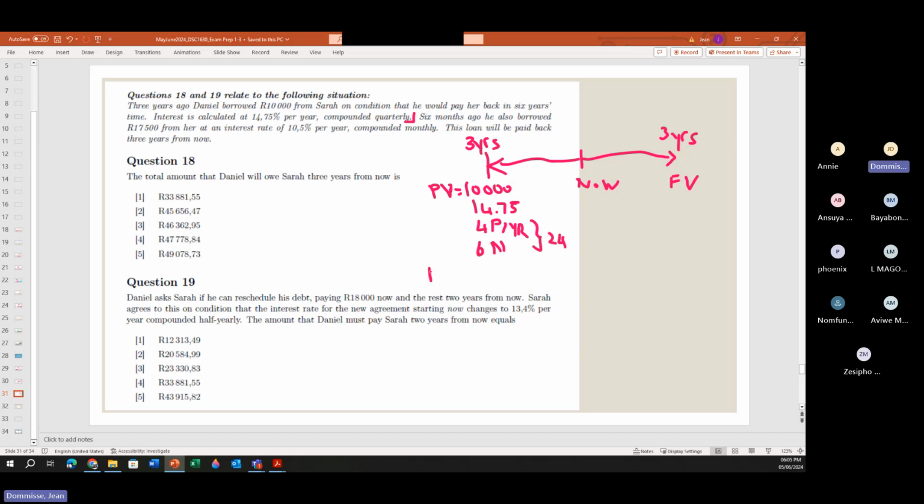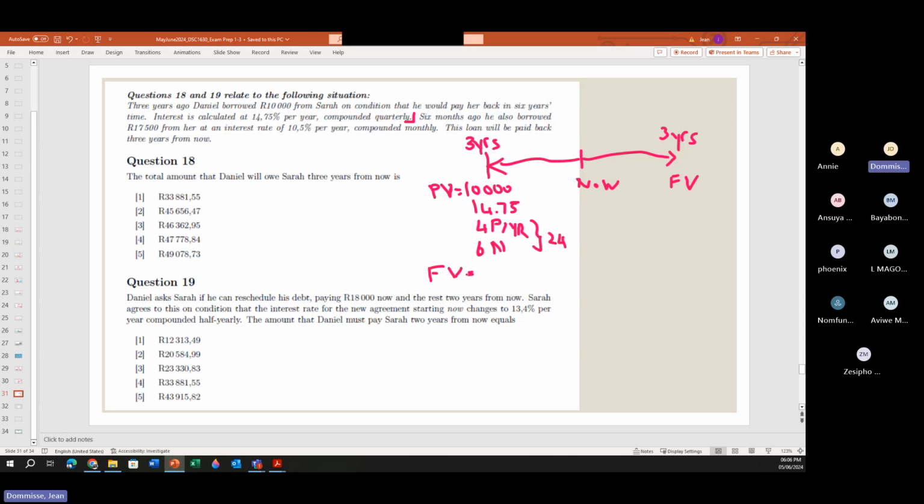So we've got the 10,000 as a present value. We've got the 14.75 interest. We've got now 4 times per year. The previous question was twice a year for 6 years, which gives us 24 periods.